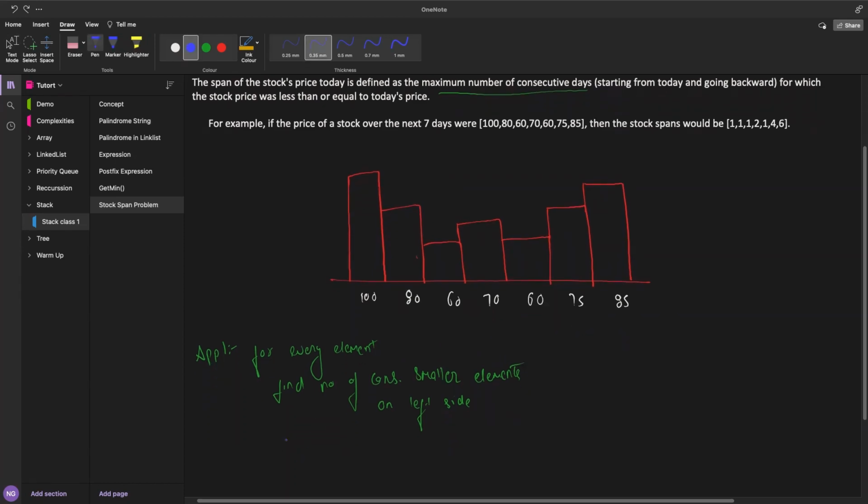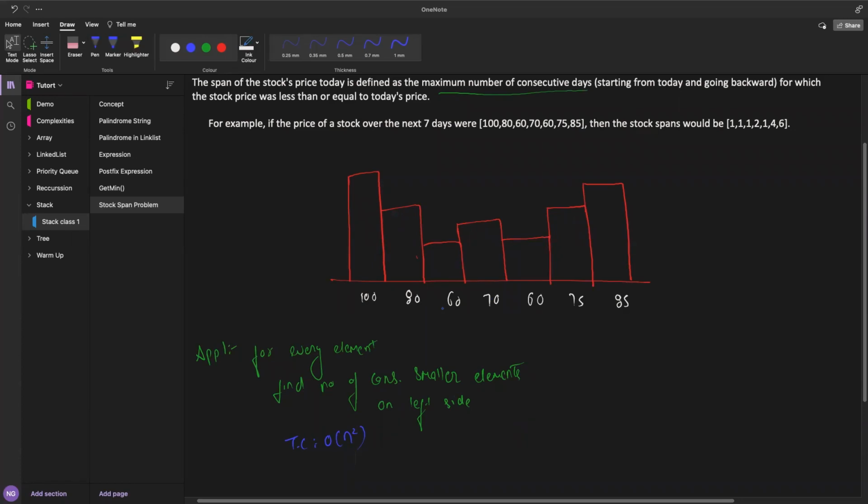So what will be the complexity in this case for this particular example? Order of, for every element you have to go to the left hand side. So what is the complexity here, Smita? That is order of n square, because for every element you have to go to the left side to check how many smaller consecutive elements it can span through. Am I clear?